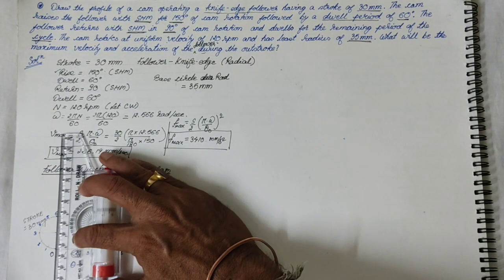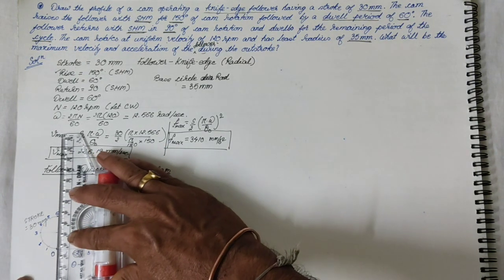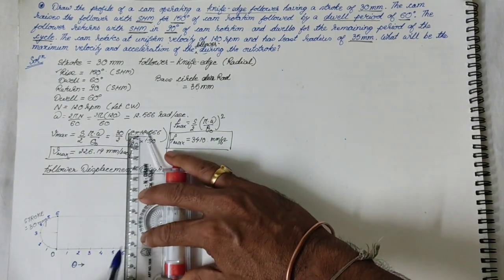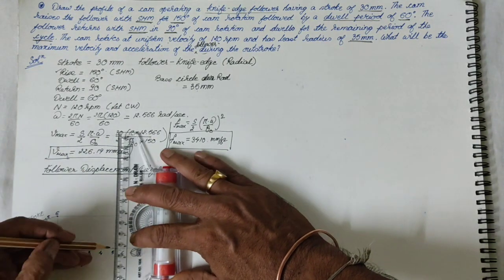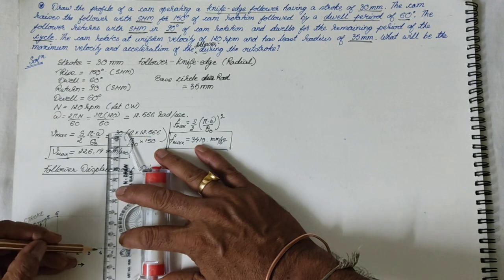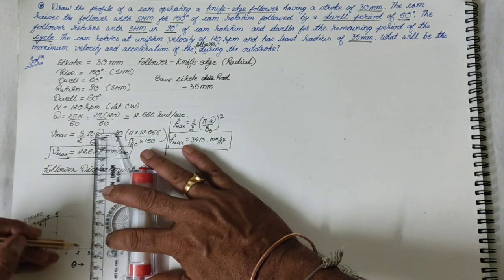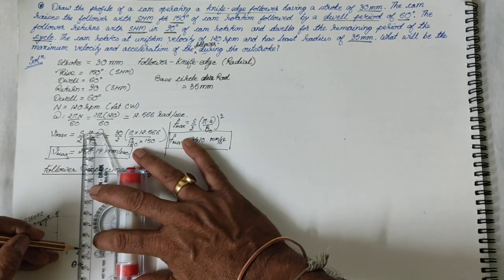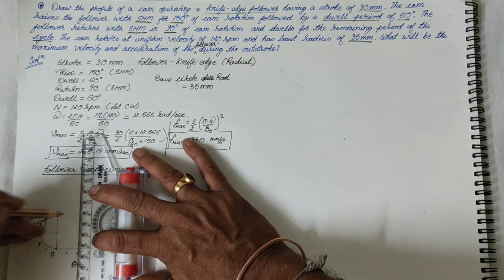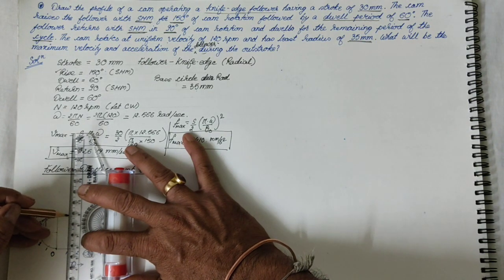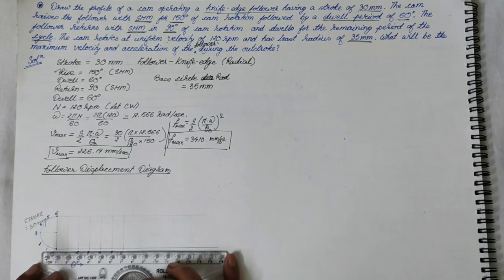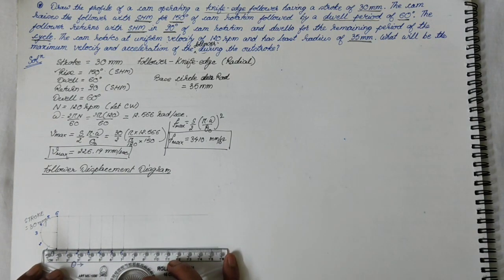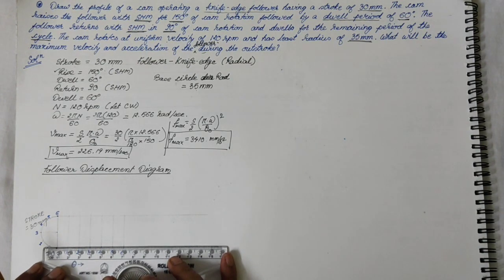Now, matching with the stroke, we draw these vertical lines through 1 2 3 4 5 and 6. To get the displacement, or the lift of the follower for each step, we match our scale with the horizontal.